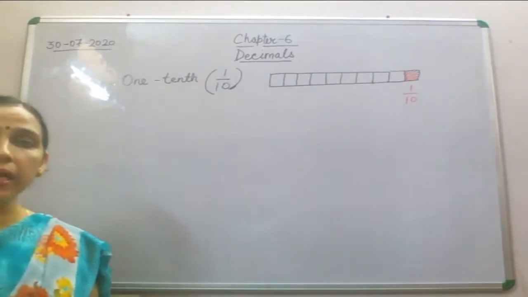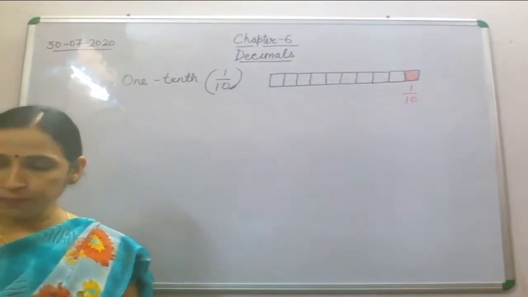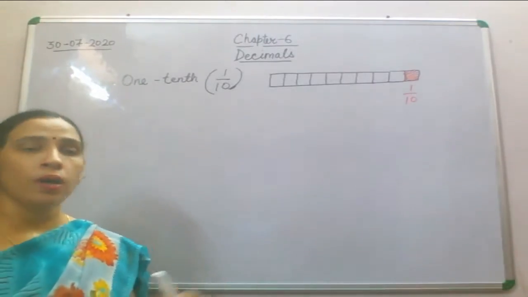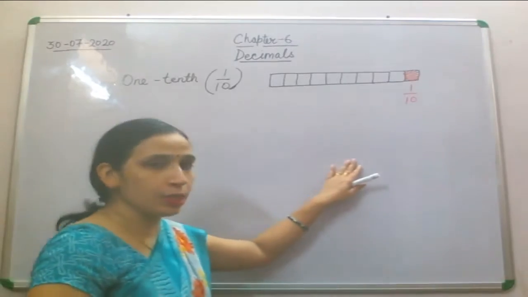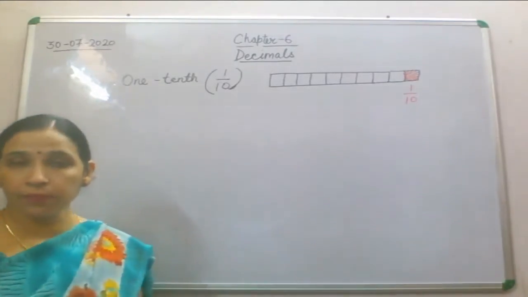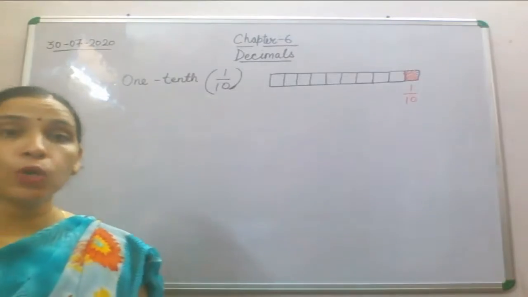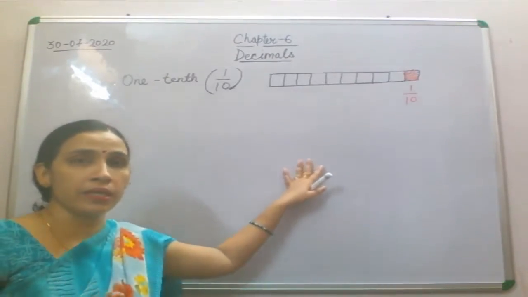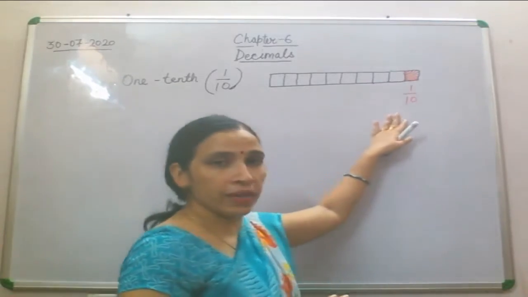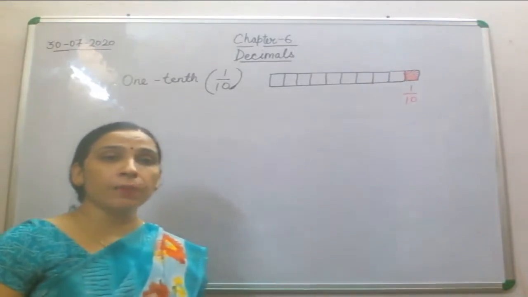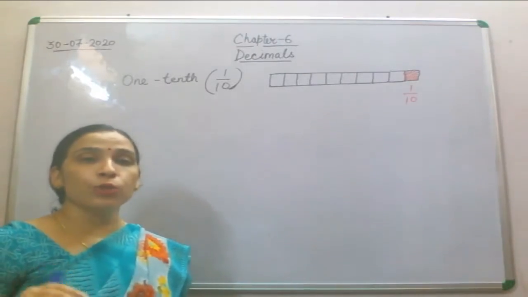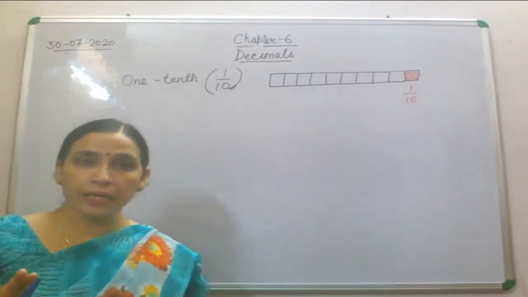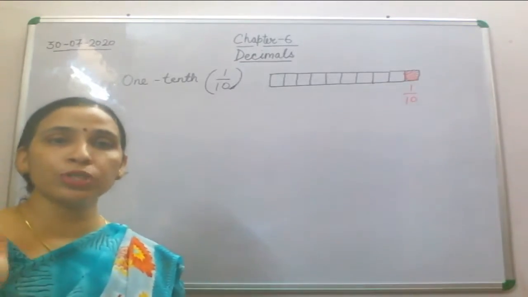Now next, how are we going to write 1/10? 1 ones is equal to 10 tenths, because we don't have a ones place in decimal. If I talk about the hundredths place, there you have 100 parts, and out of that you shade only one part.